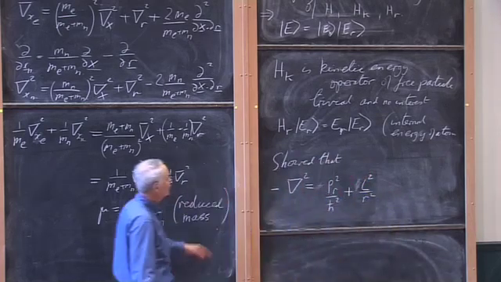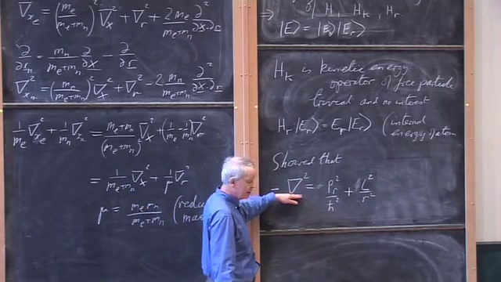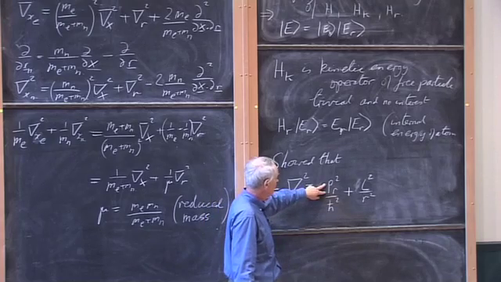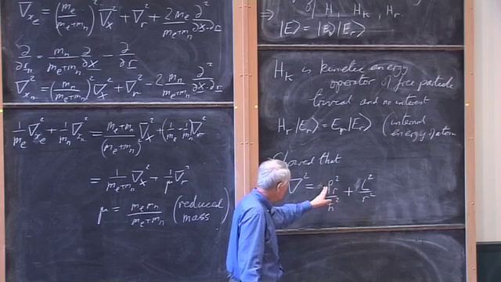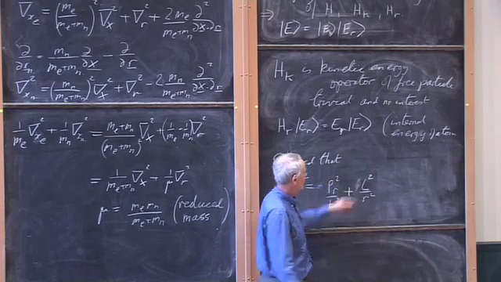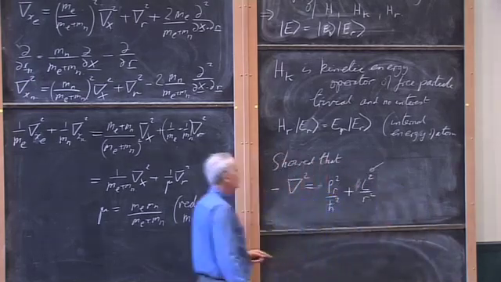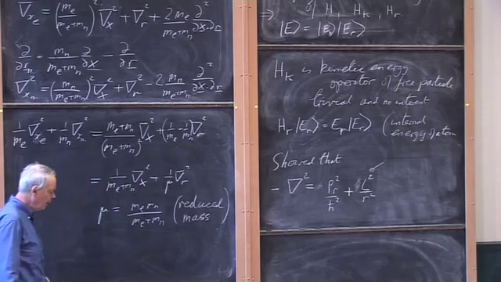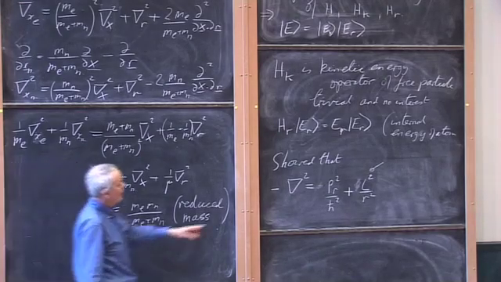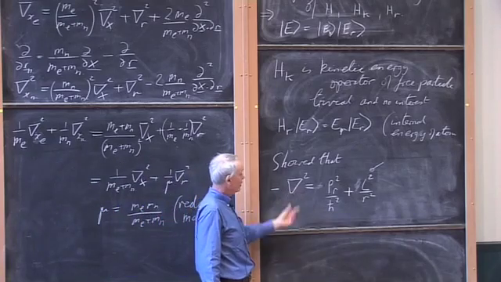We showed a relationship between del squared and what we identified to be the radial momentum here squared, and the orbital angular momentum operator. So basically we showed that L squared was r squared times the angular parts that we were familiar with inside del squared, the Laplacian.